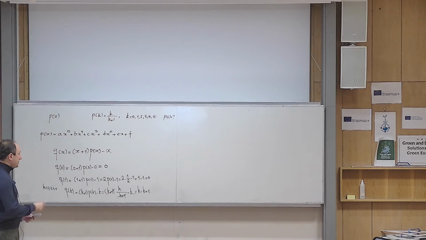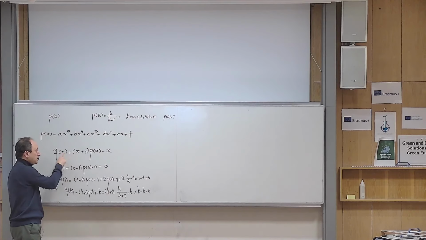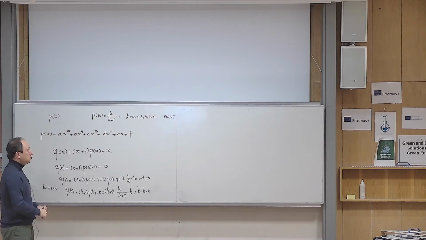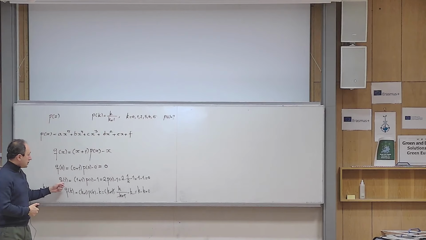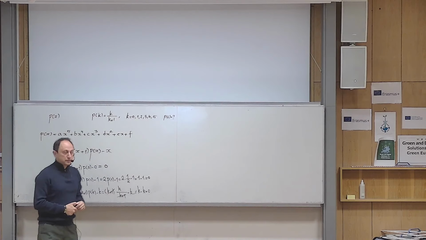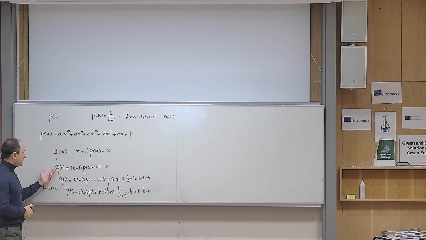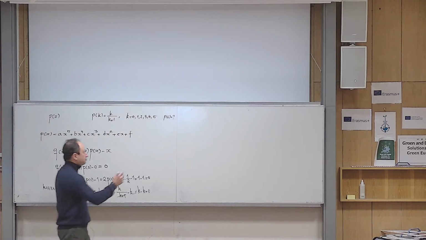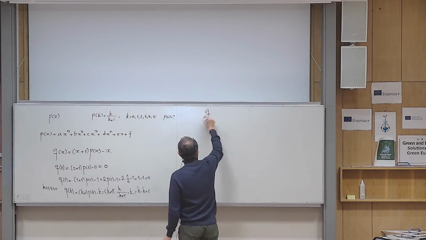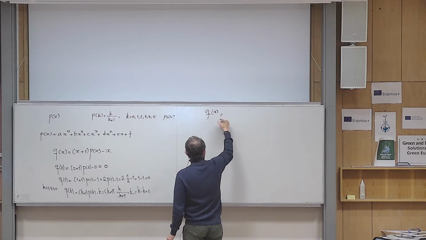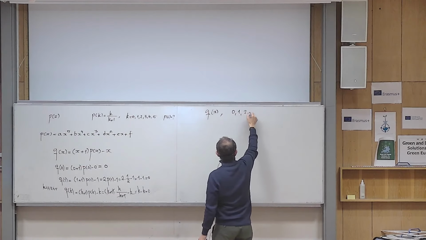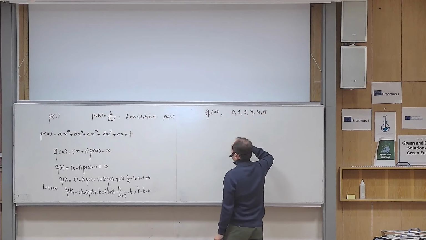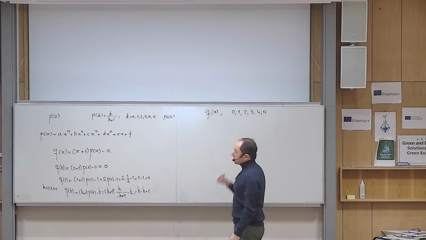Yes? And that was the motivation why I defined my new polynomial in this way, because I wanted to exploit this piece of information in a way that gives rise to a polynomial for which all these numbers are zeros. So now hopefully you see that I have a polynomial of degree 6. Q is a polynomial of degree 6, and all these numbers 0, 1, 2, 3, 4, and 5 are zeros of this polynomial.